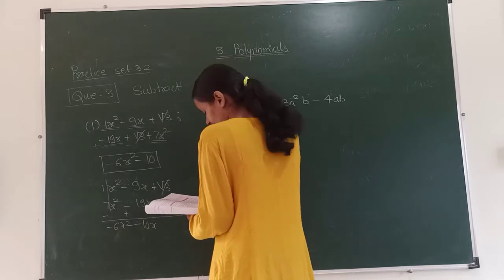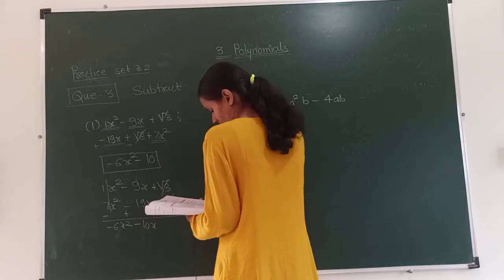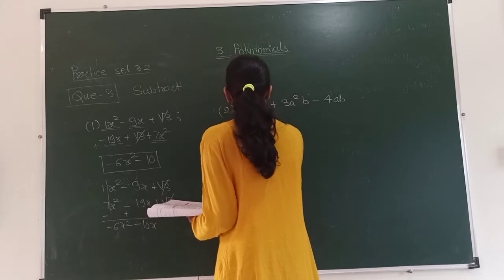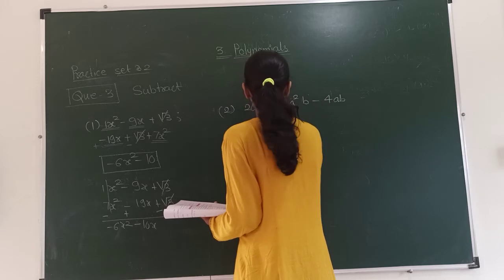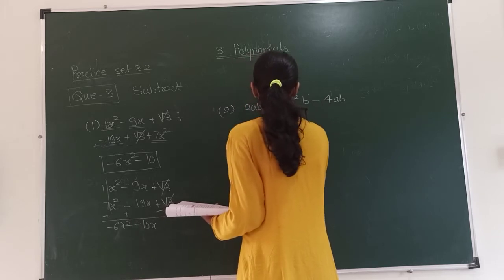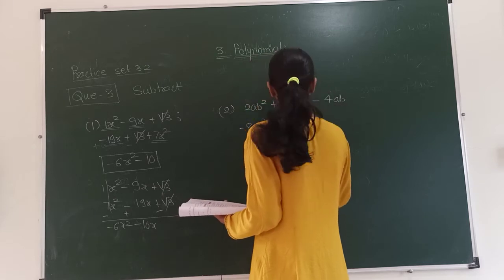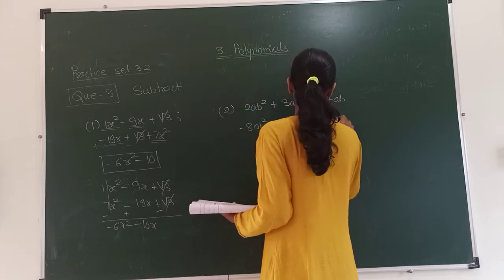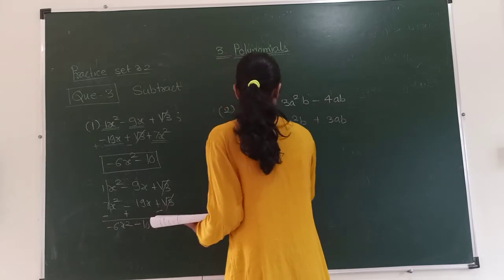I will directly write in the subtraction form, so it will be easier for you to understand. Minus 8ab square, after that plus 2a square b and plus 3ab. Okay, how will we solve this?